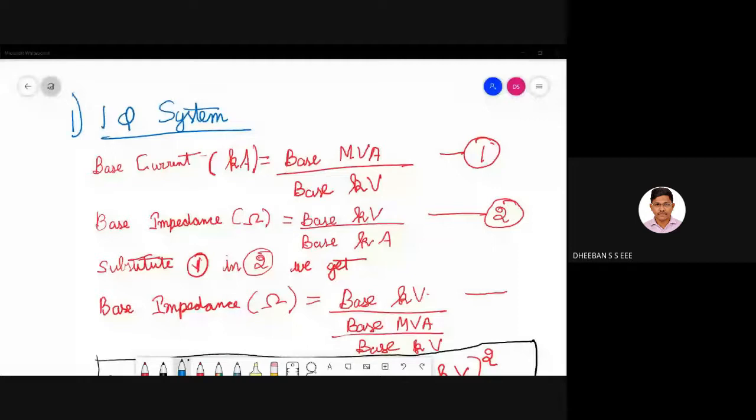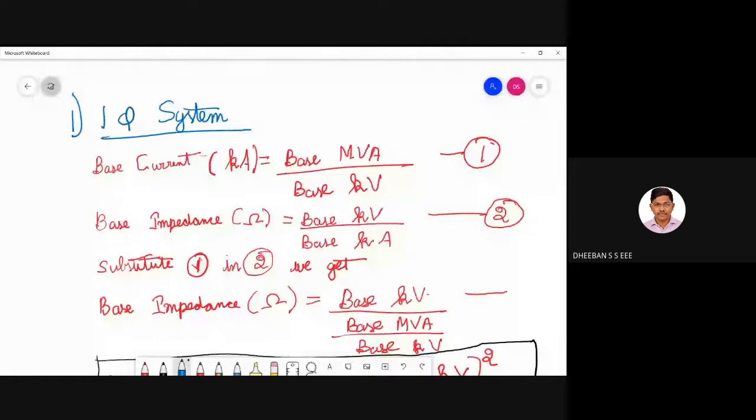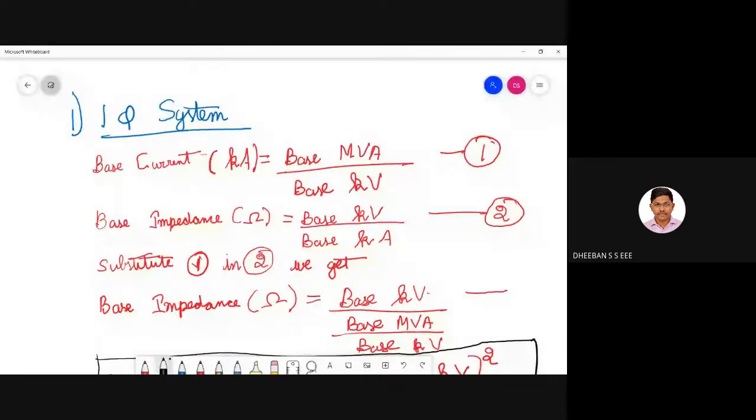Okay. So first we will be starting with the single phase. In the single phase, the formula that you have to know about is first regarding your base current. You already know the formula P equal to voltage into current. From this formula, you will be getting the base current.